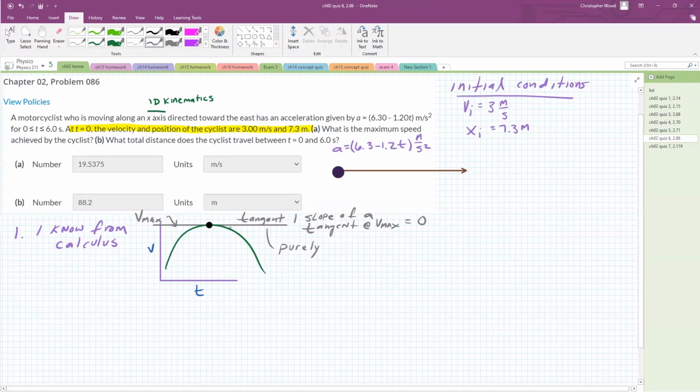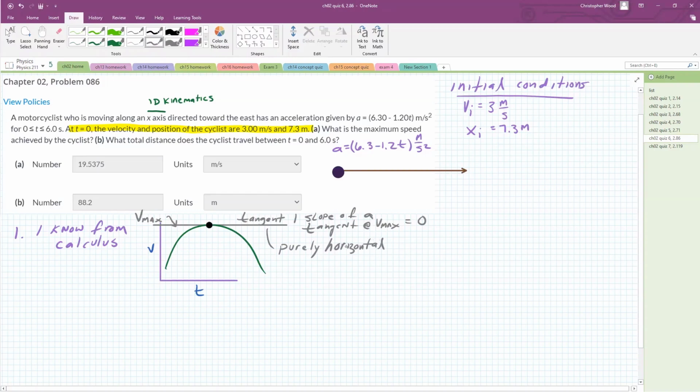So you're taking a purely horizontal line, you're using that as a tangent. You're saying, where exactly is this purely horizontal line just nicking my velocity versus time curve? And at that nicked point, that's your Vmax value. This is a purely horizontal tangent, and I know purely horizontal means slope equals 0.